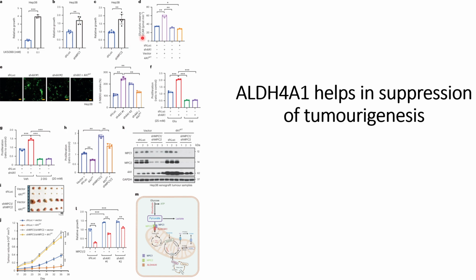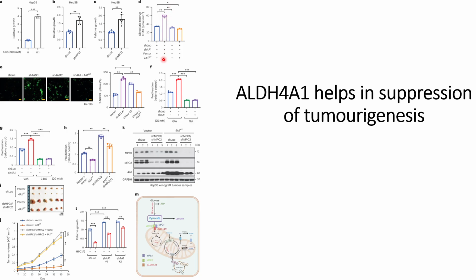Thereafter they check the effect of ALDH4A1 knockdown on the glycolytic rate and glycolytic reserve using ECAR, and they have seen that when ALDH4A1 is knocked down, there is an increase in the glycolytic reserve in the ECAR, that is in the cytosol.